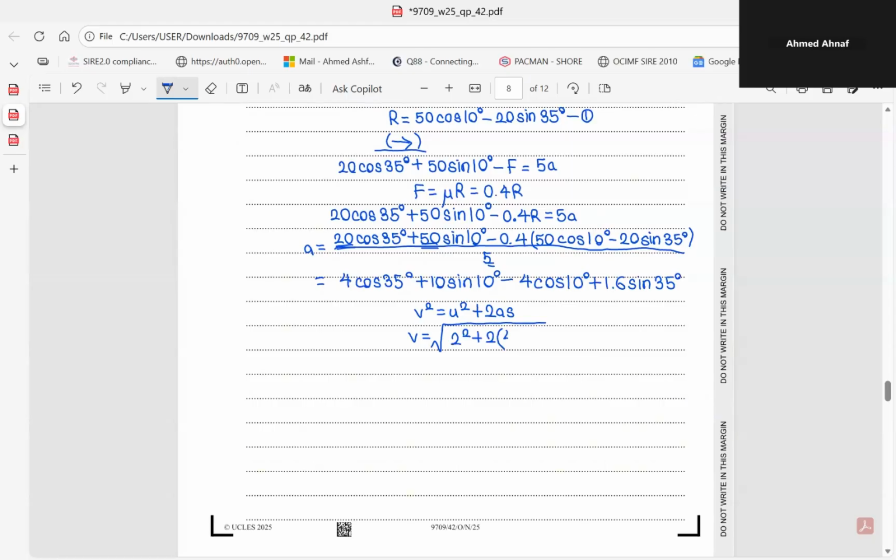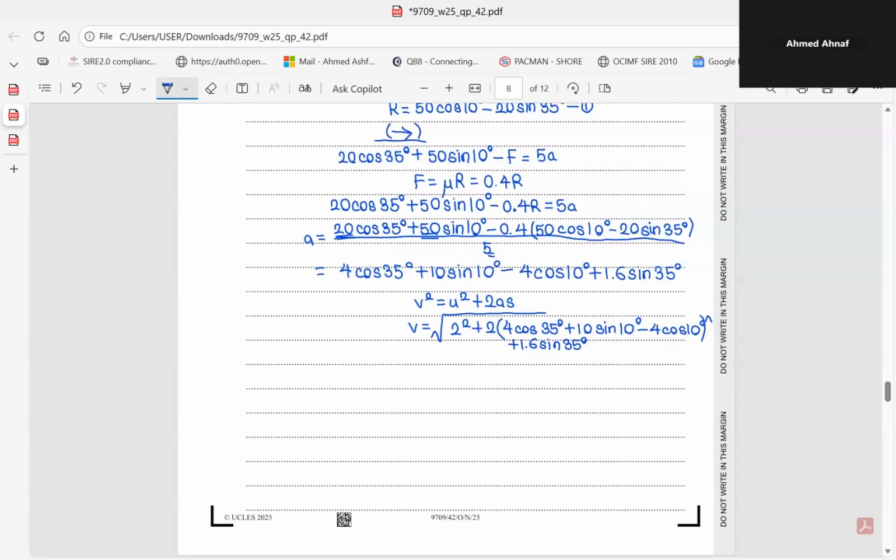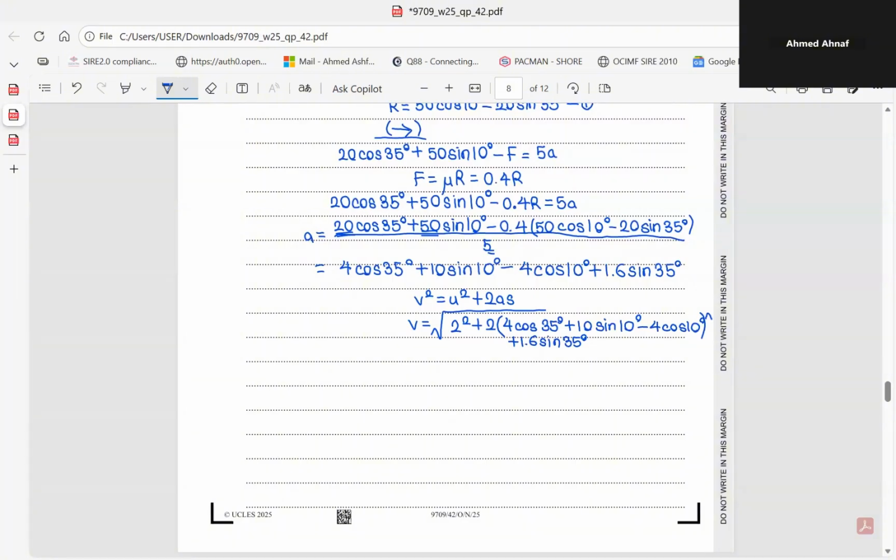So a is this whole expression. Fortunately, I don't know how else to simplify it, so bear with me as I copy it down. Times s, which is 3.